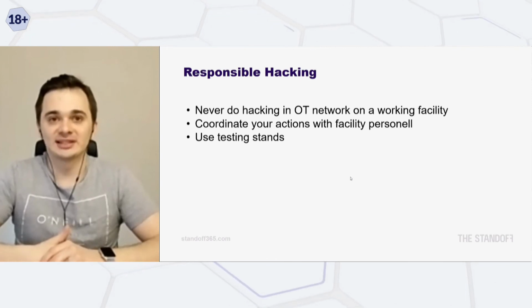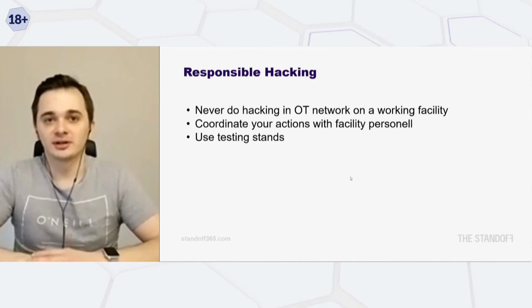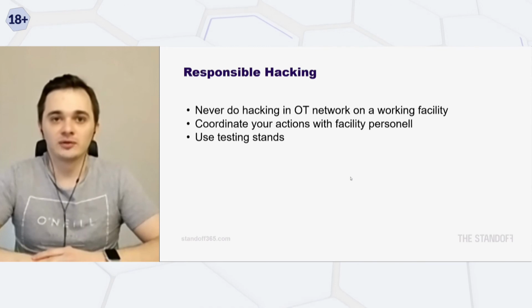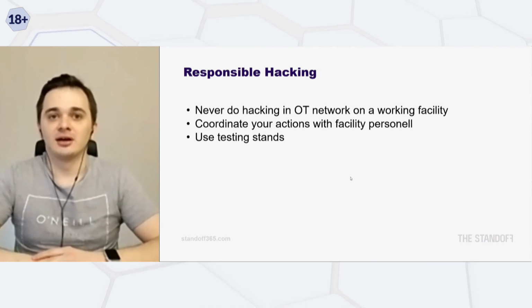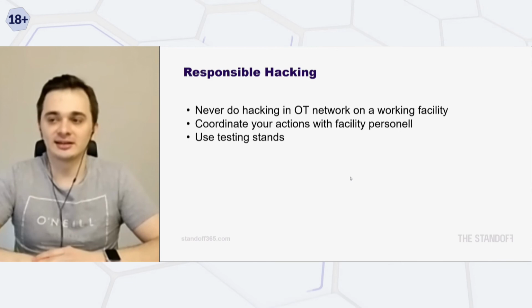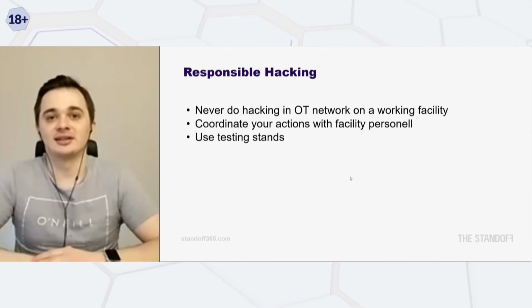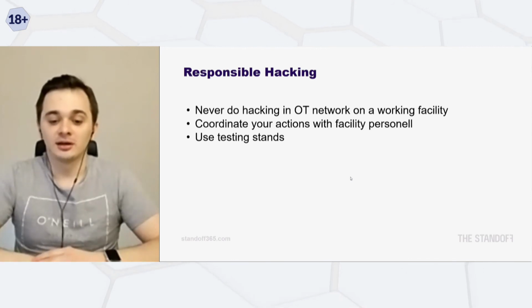A sensible compromise is to use test benches or testing stands. Often, production facilities have them. They consist of real equipment and software, and they are used to test updates or modifications in the firmware. So, different attacks should best be simulated not on the actual equipment in operation, but on those test benches.